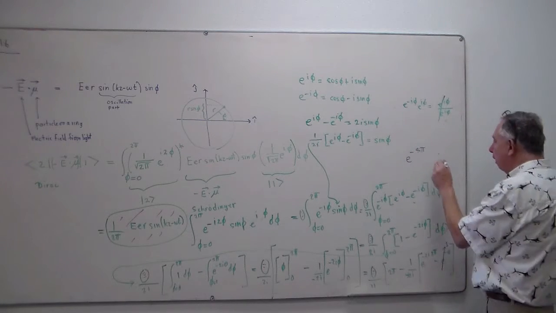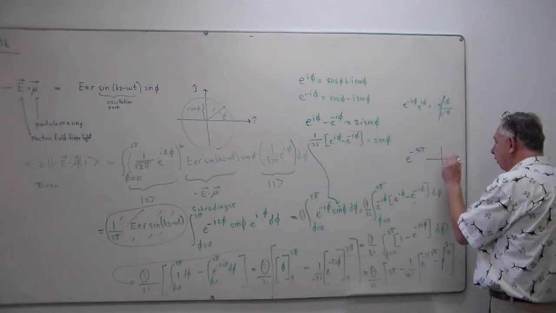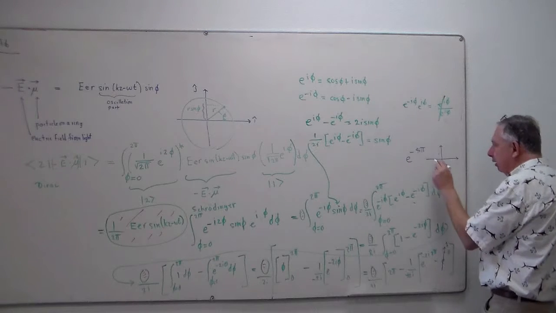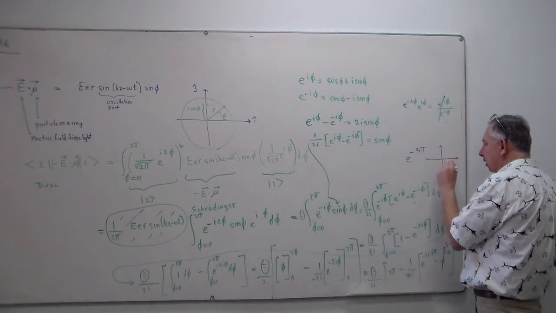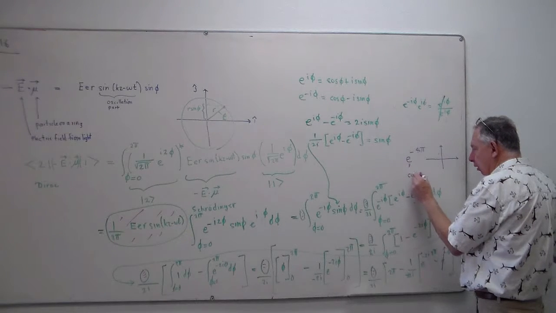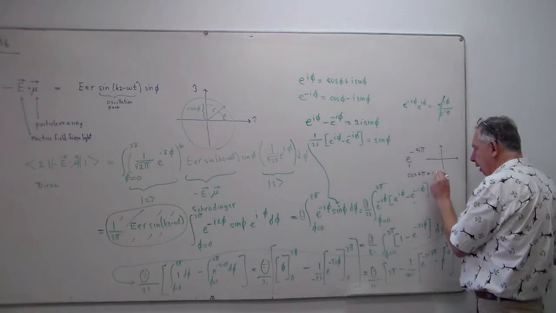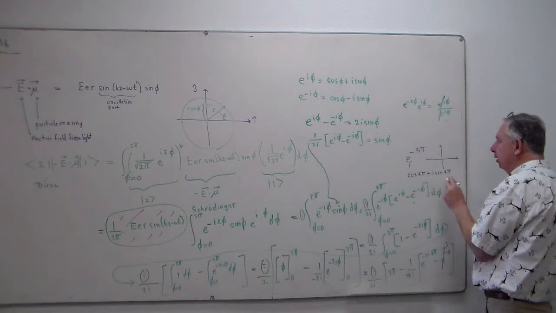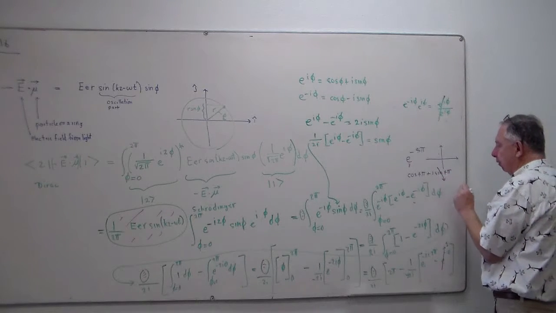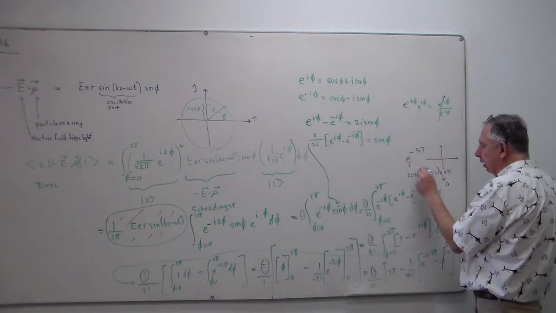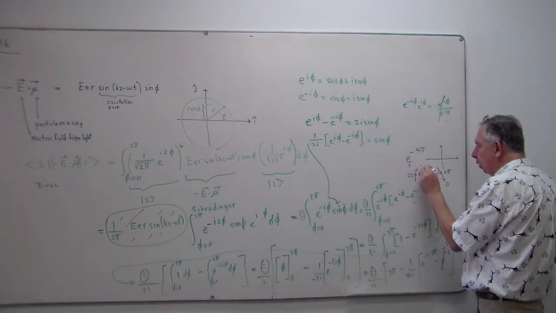Negative i. So if you go around the complex circle, you can write this as cosine 4 pi plus i sine 4 pi. The sine of any multiple of pi is 0. The cosine of 2 times around the circle is 1.